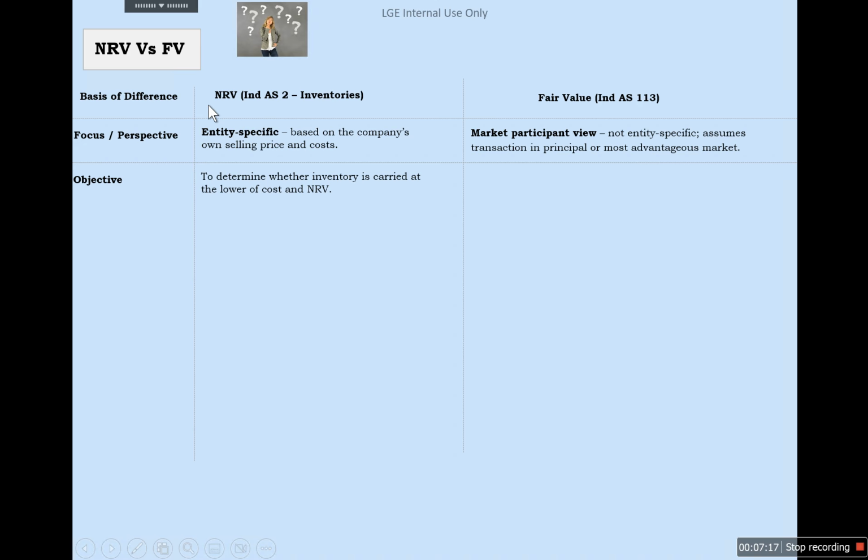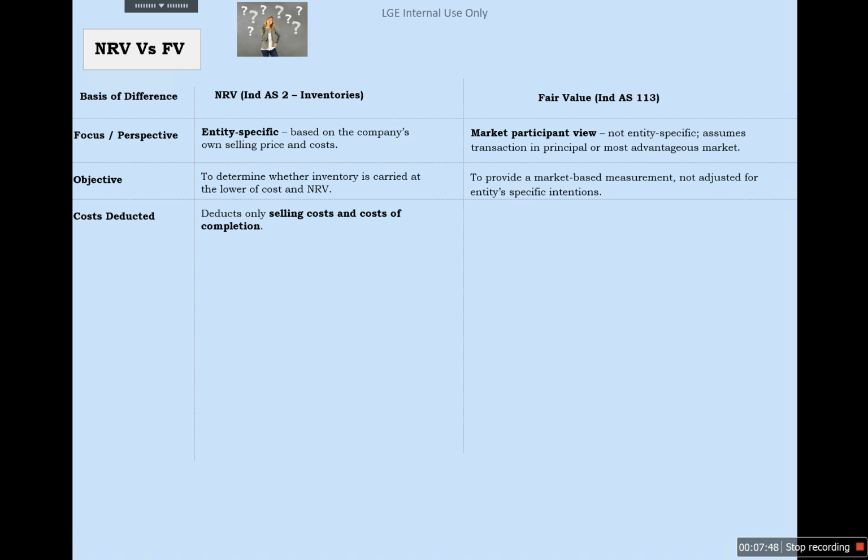The objective of NRV is to determine whether inventory is carried at the lower of cost or NRV. So for the purpose of calculating the carrying value of the inventory, we calculate the NRV. While fair value provides a market-based measurement and is not adjusted for entity-specific intentions. Fair value is calculated based on what a buyer would think if they entered into a transaction for a particular asset or liability.